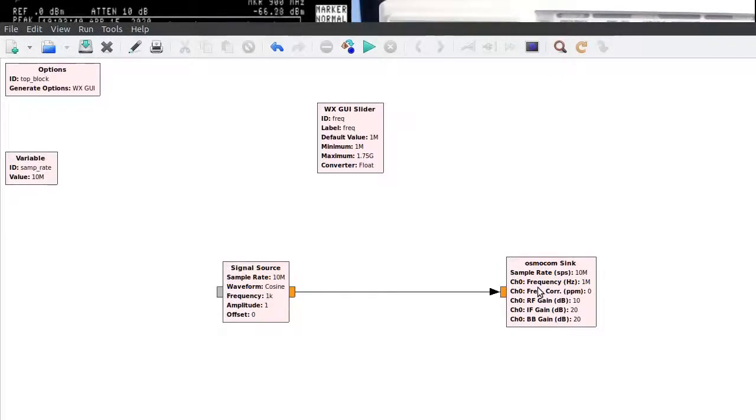And effectively, what's going on is that the HackRF will output this signal shifted in frequency by FREC here.